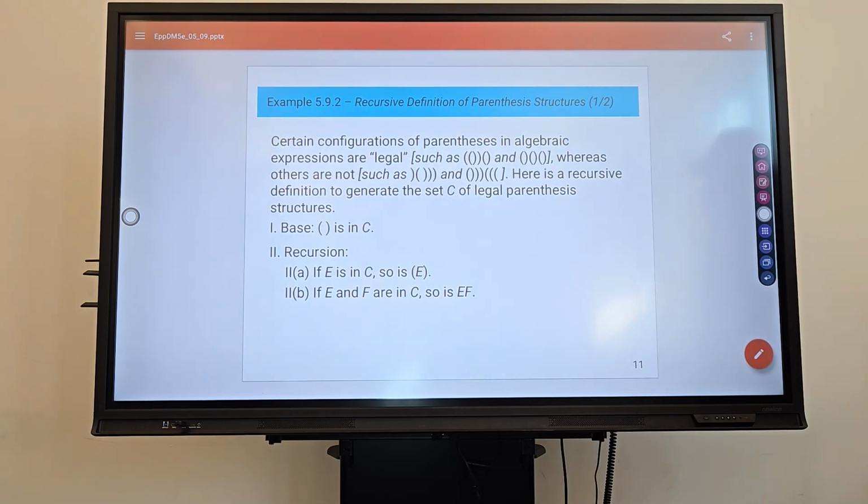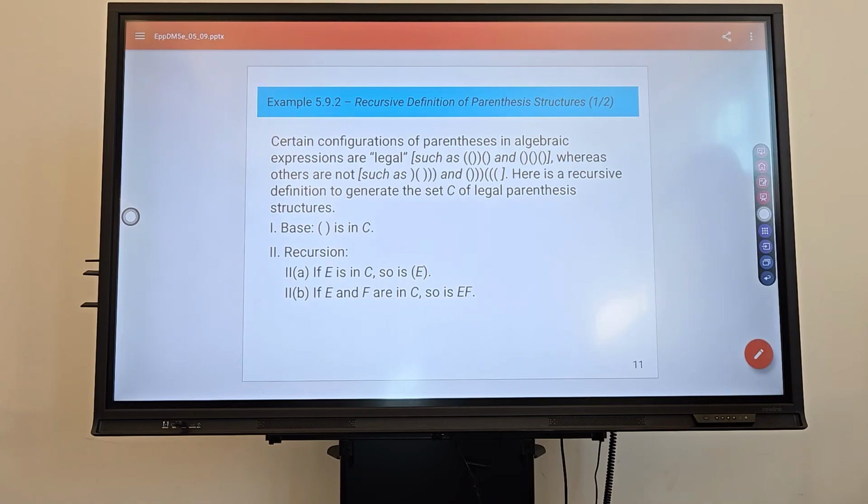Certain configurations of parentheses in algebraic expressions are legal, whereas others are not. Here is a recursive definition to generate the set C of legal parentheses structures. Base, open and close is in C. Recursion.